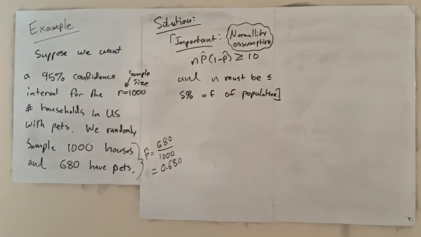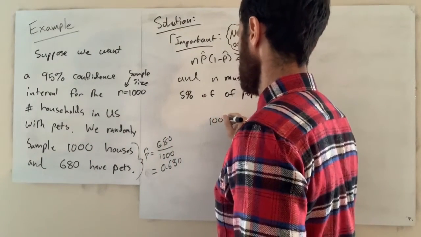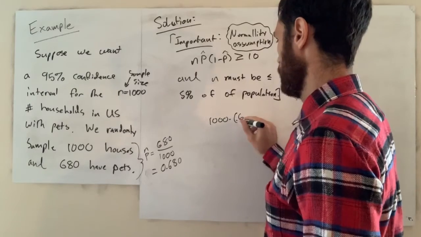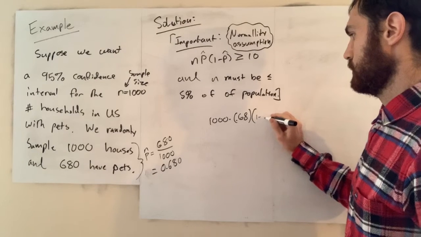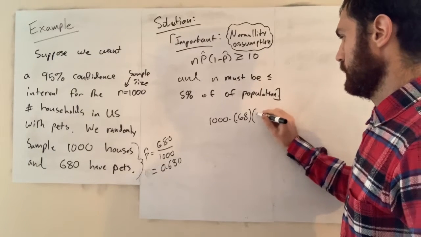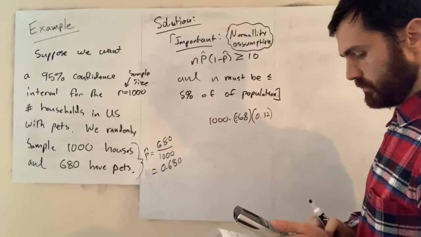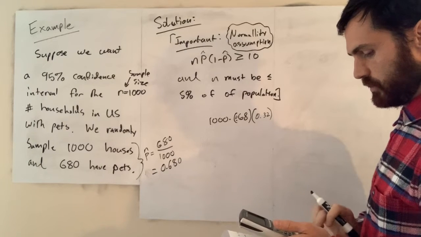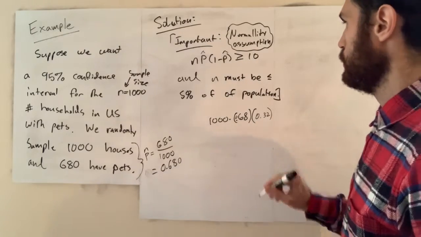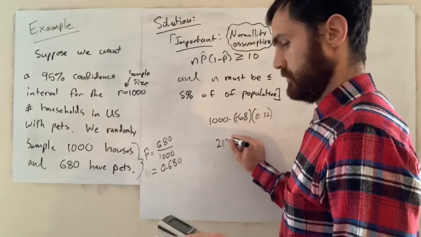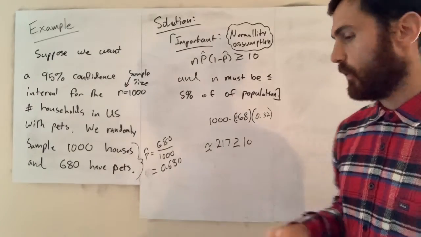If I take 1,000 and multiply it by 0.68 and multiply it by 1 minus 0.68, which is 0.32, so 0.32 times 0.68 times 1,000, you get 217. So this is definitely greater than 10. So that's perfectly fine. We don't have to worry about that.